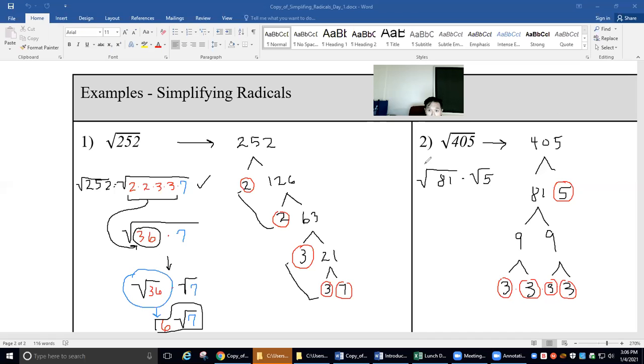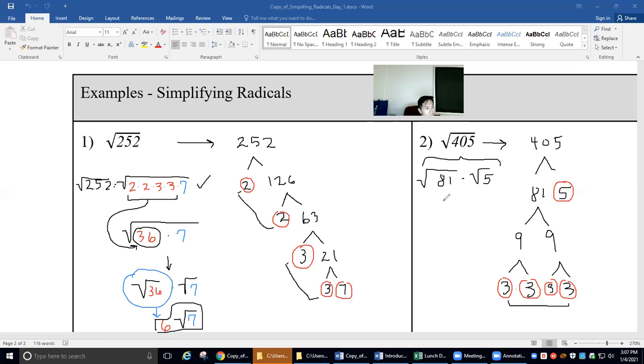So this whole thing is actually saying the square root of 405. But because I broke it down to the prime factors, and I showed I repeat it more than once, if I multiply them all back together, I got one giant factor that can be square rooted.